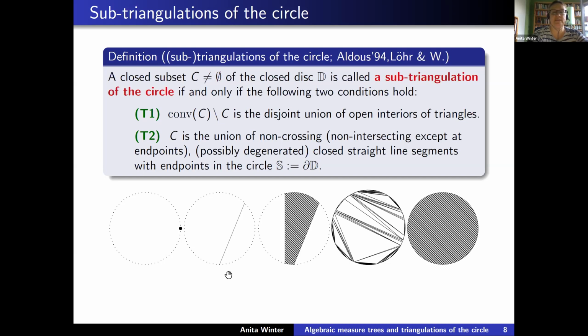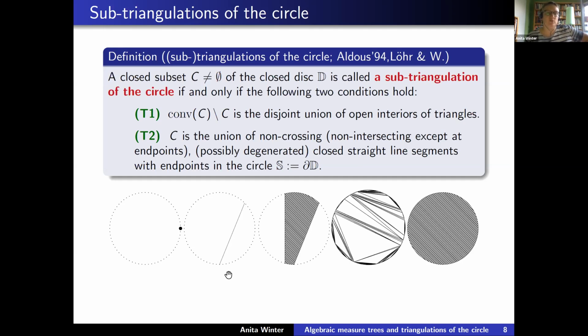If you look at these 5 examples I have drawn, these are all subtriangulations of the circle. Except for picture number 4, everything is convex, so the convex hull minus C is empty, and the first condition is an empty condition. In picture number 4, which by the way is the subtriangulation corresponding to Aldous's CRT as an algebraic measure tree, you see all the triangles appearing once you take away the black lines from the unit disk.